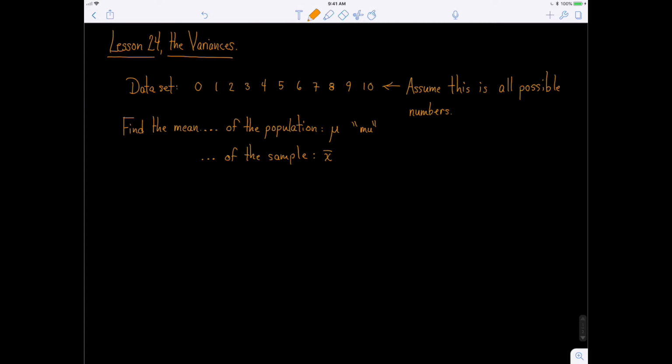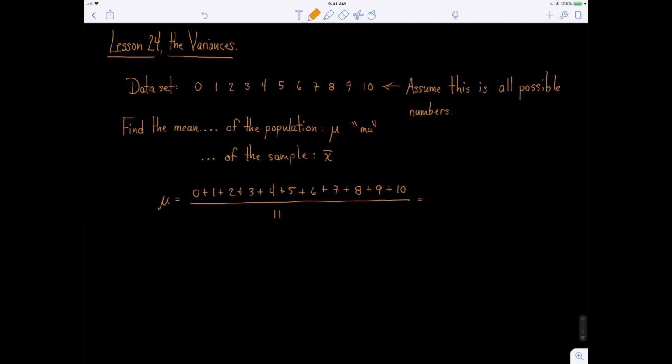So let's just try this today. We're going to first find mu. We're going to add up our data, 0 plus 1 plus 2 plus 3 plus 4 plus 5, 6 plus 7 plus 8 plus 9 plus 10. We're going to divide it by the number of values, which is 11.